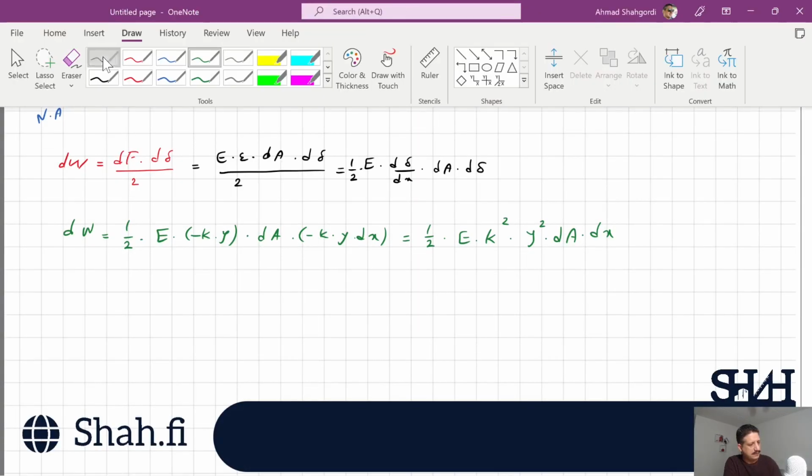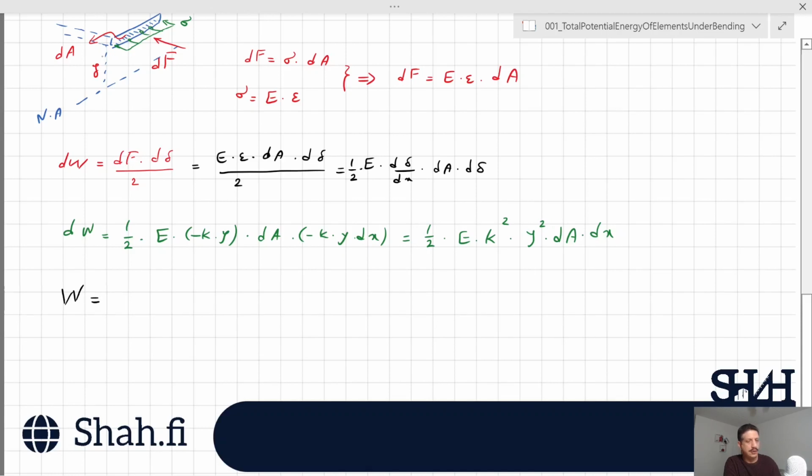Now for calculating the total stored energy inside the beam due to bending, we can integrate from 0 to L 1 over 2 E kappa squared y squared dA dx. So dA is the differential of the cross-section area, which is independent of the length x. It can be in any section, and if it's a constant section, then it is not going to change based on the length of the element.